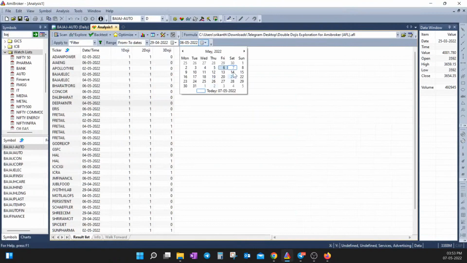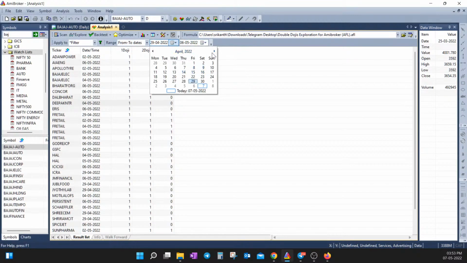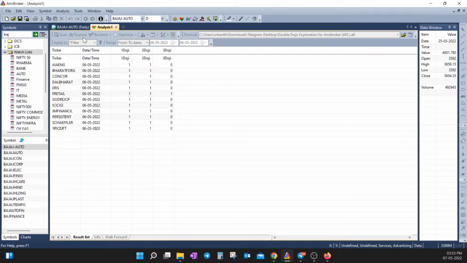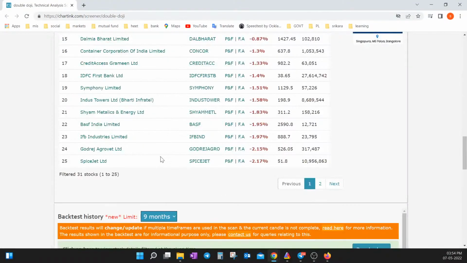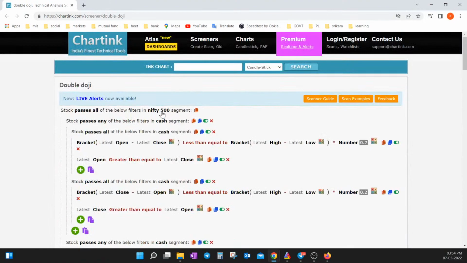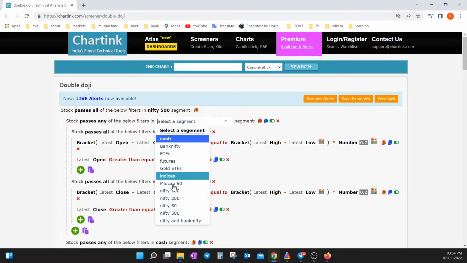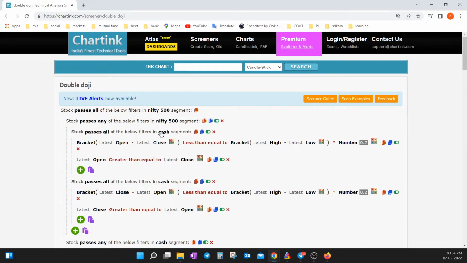Let me cross check this on AmiBroker. Here I am getting only 1, 2, 3, only a few again. I don't know. Might be, yeah, the Nifty 500 in mine is an old watch list. There are 3 here, so that's the reason.